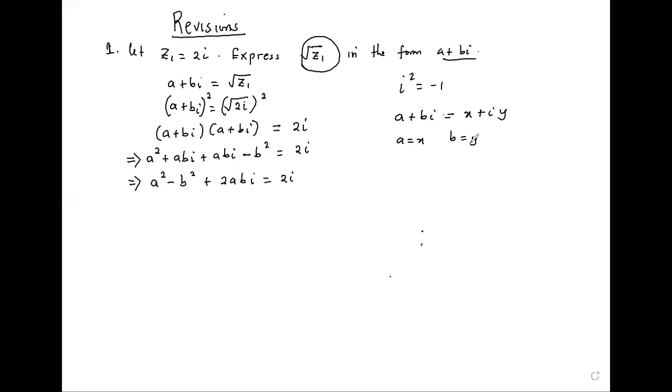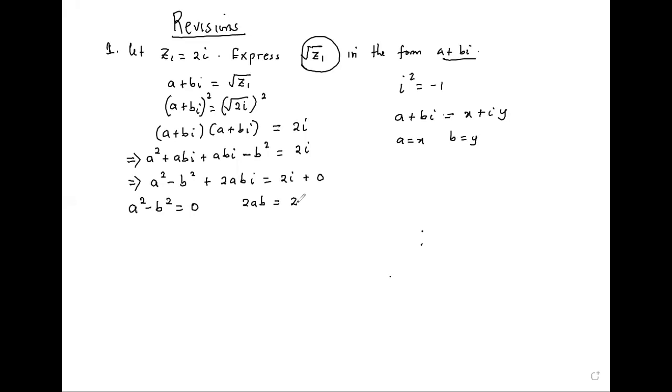So from that, what we learn here is that the real part this side is actually 0. So we're going to equate a squared minus b squared to 0 and 2ab to 2. So we have two equations that must be solved simultaneously for us to get the values of a and b.